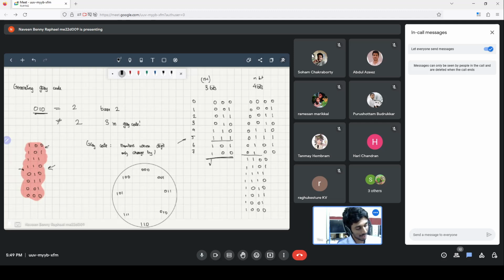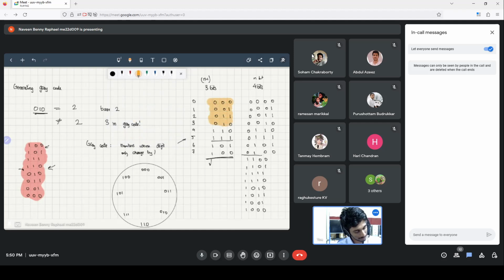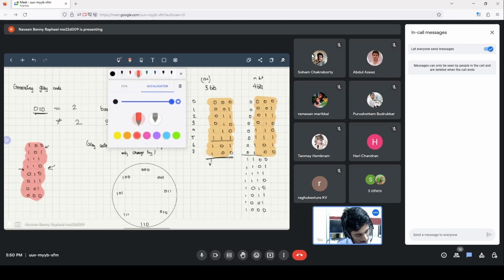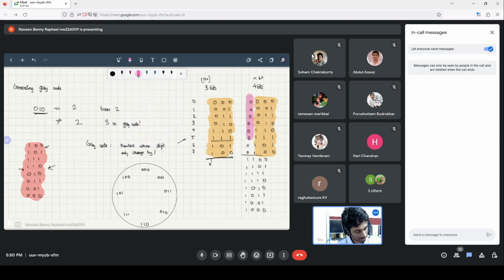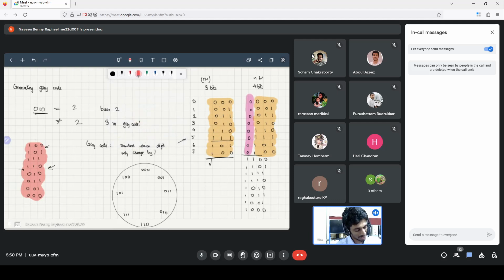I copy the n-1 and paste it here, and I put zeros in the front. Then I flip the n-1 and paste that here. In front of this, I will be putting ones.